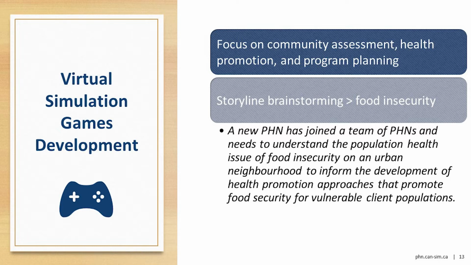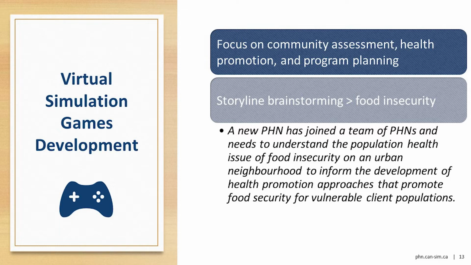Important to recognize the level of the learner, focus on an urban context with application to a rural context, a need to consider order and sequencing of the games, and to create an unfolding continuous storyline through the 3 games. And lastly, as I mentioned, to integrate the CASN competencies.